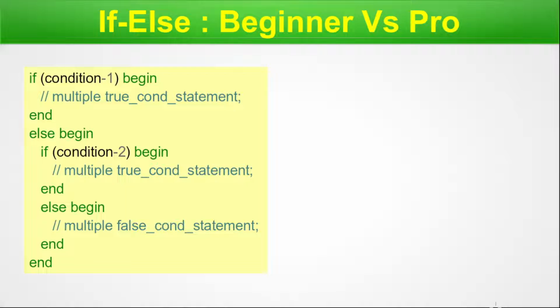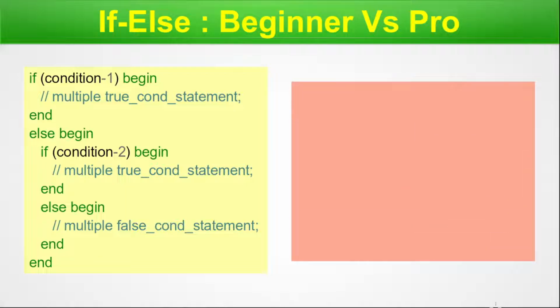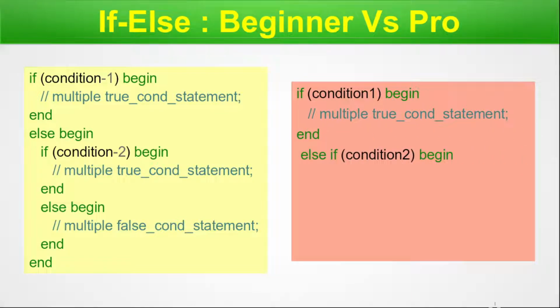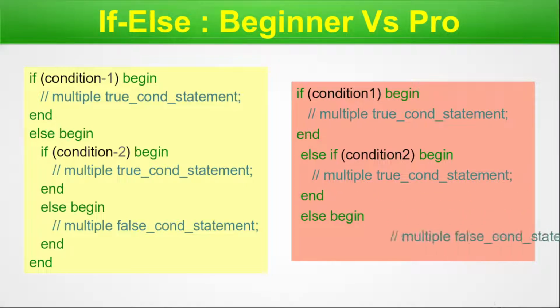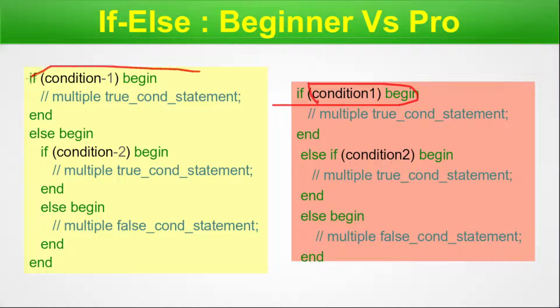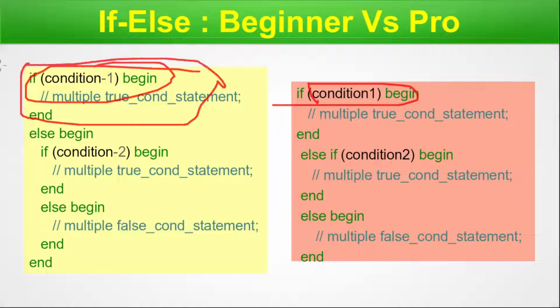Now over the time when you grow up, you code in a different style. Remember, the left hand side and the right hand side codes are same, begin, then multiple statements, end, then else if begin, when we have the condition 2 in the nested if, then we have multiple statements, we have the end, we have the else begin, and we have the multiple statements again, and we have the end. Here if you see, this line and this line is same, or rather this block is same as this. We do not have a change here.